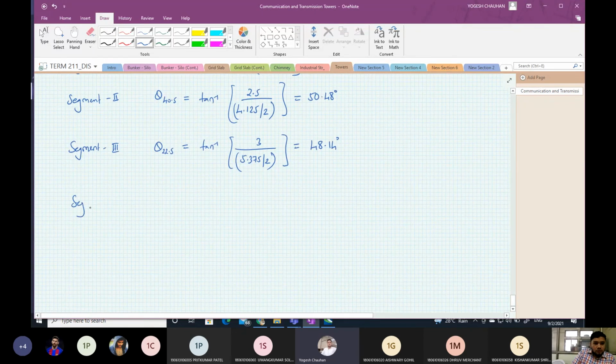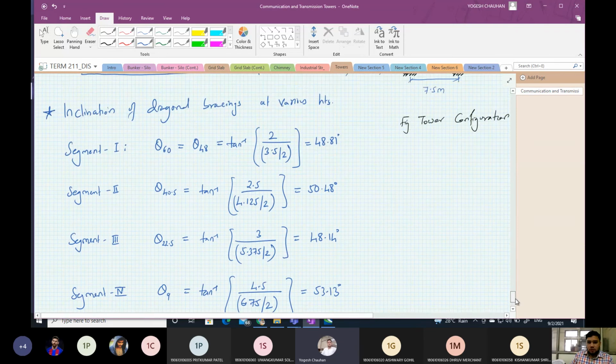And for the fourth segment, theta 9 is tan inverse 4.5 by 6.75 by 2, which will be equal to 53.13 degree.